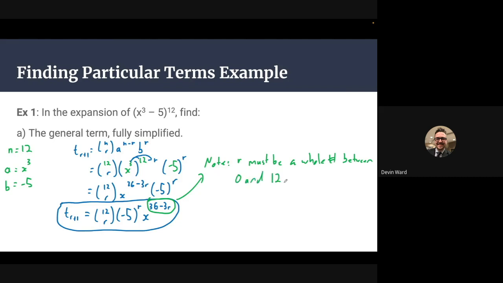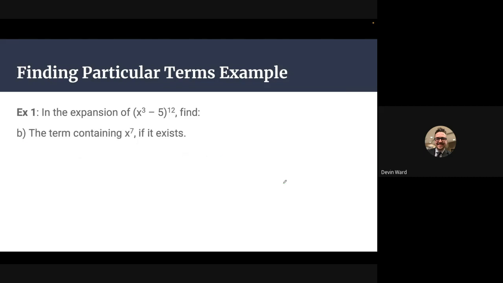Since n is equal to 12, we can't have anything bigger than 12. So for part B, we want to find the term containing x to the power of 7, if it exists. This means that we have to check that r is between 0 and 12 and is a whole number.